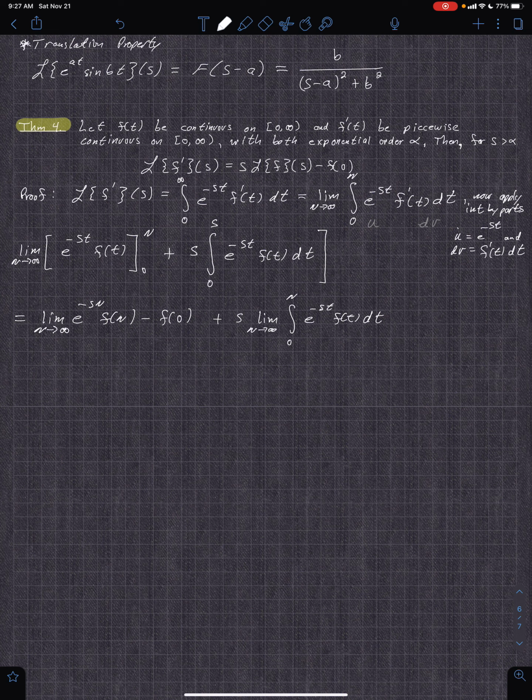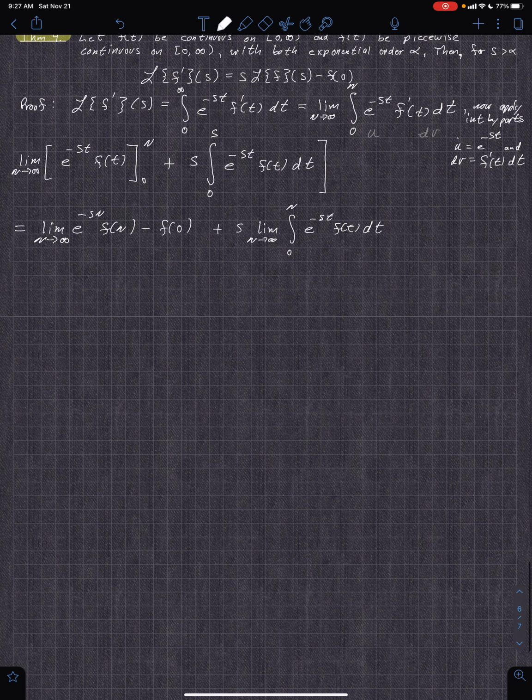All right, so then continue to work this out. So that's equal to the limit as n approaches infinity, e to the negative sn f of n minus f of 0.